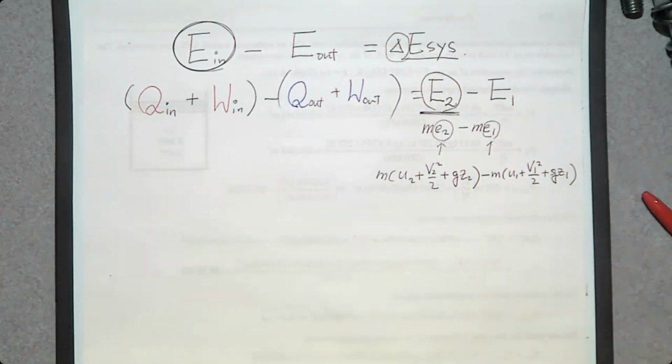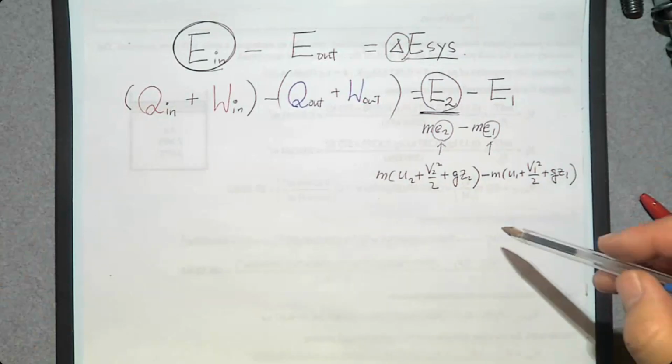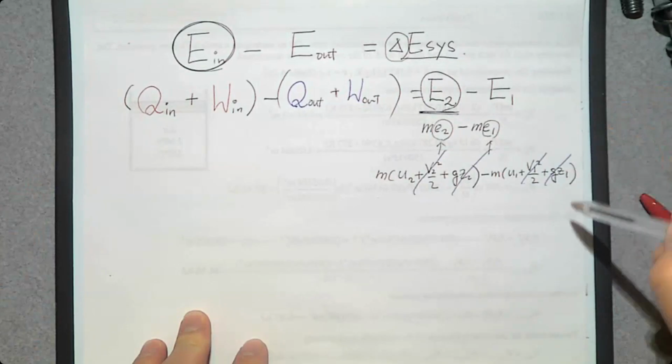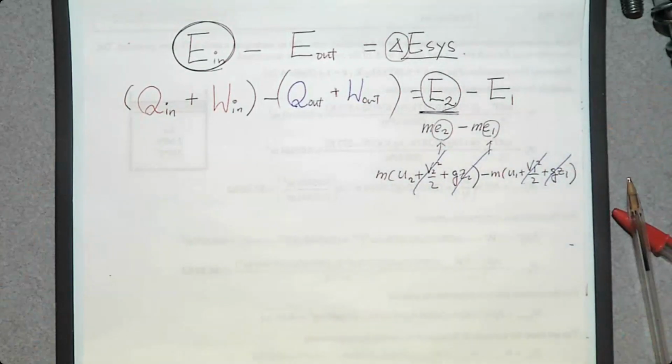This is what we studied in chapter 2, right? And we usually neglect kinetic energy change and potential energy change. So you can cross them out. Then what do you have? Mass times U2 minus U1.